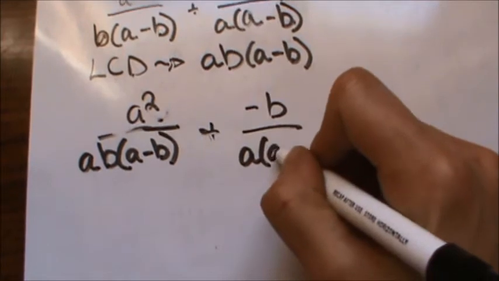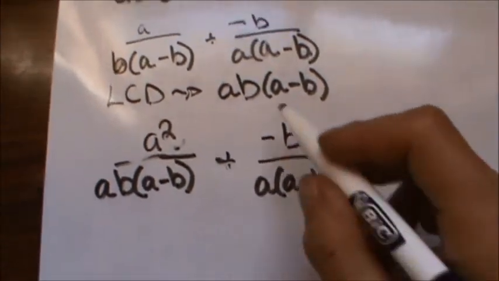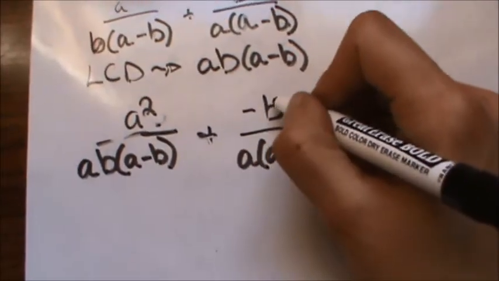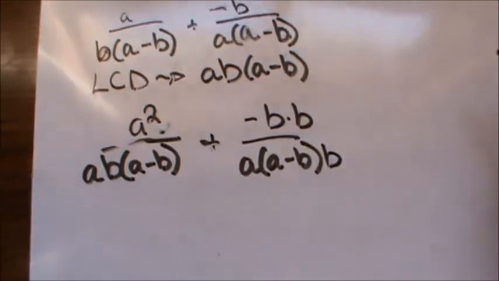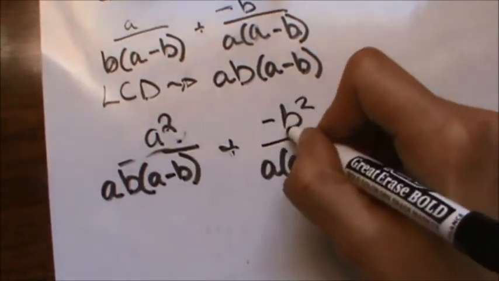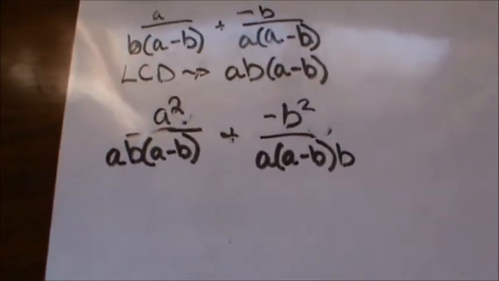A times a minus b. What is this denominator missing? The b. So I need to multiply top and bottom by b. Negative b times b is just going to be negative b squared. So, there are my two fractions with common denominators.